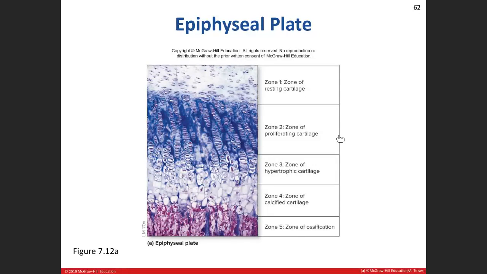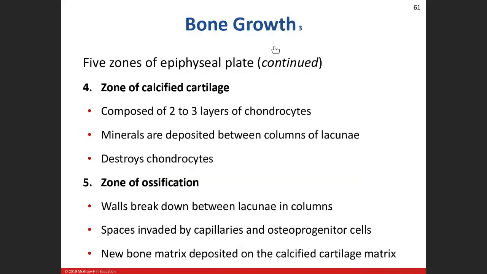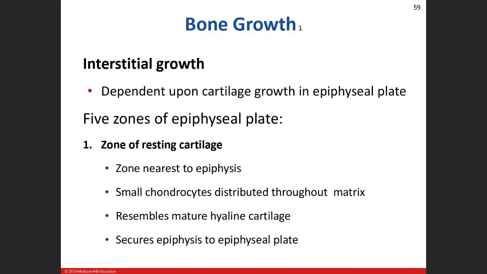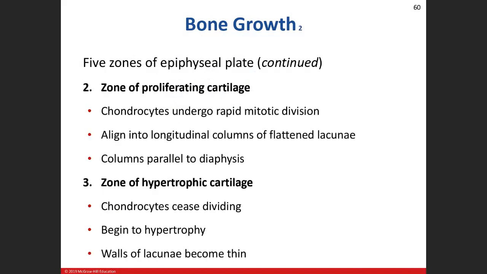Now, what happens when we get this brand new cell? Well, it wants to grow up just like anything else. Zone 3, hypertrophy. If you recall, the term hypertrophy means to increase in size. This is where these cells are no longer dividing, but now they start to get bigger.